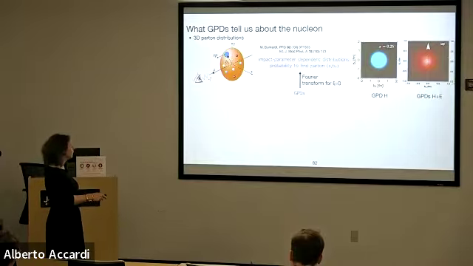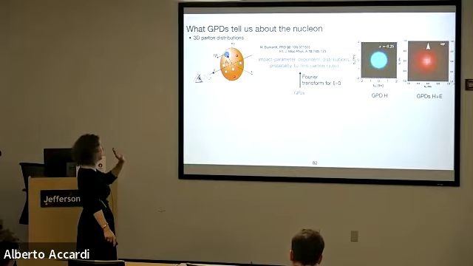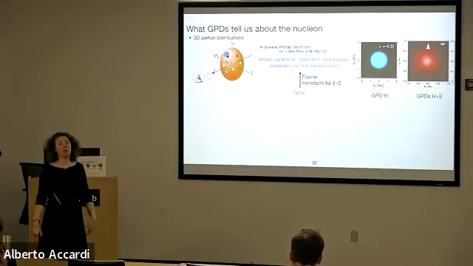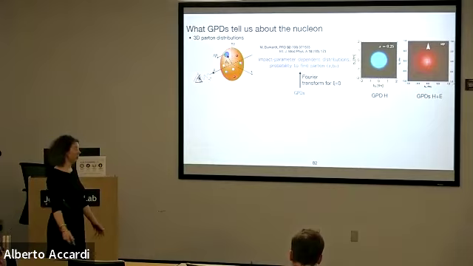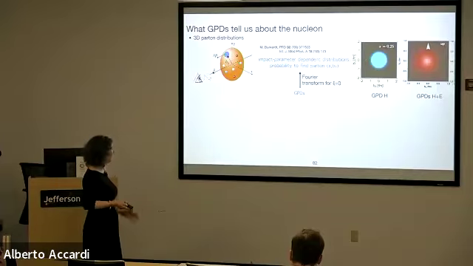Again, for people who really concentrate on GPDs, be very careful about this definition of the position because it's a bit more intricate than just the position. It's actually longitudinal momentum weighted. So this is why, when you interpret these pictures, you have to be a bit careful.